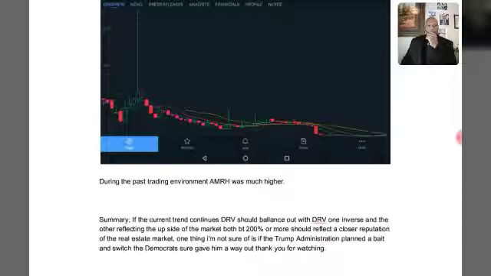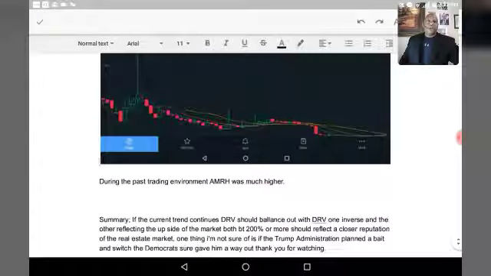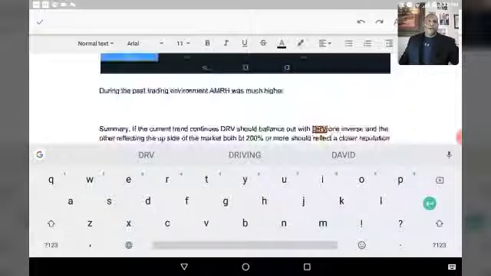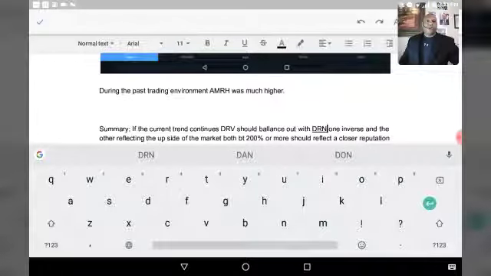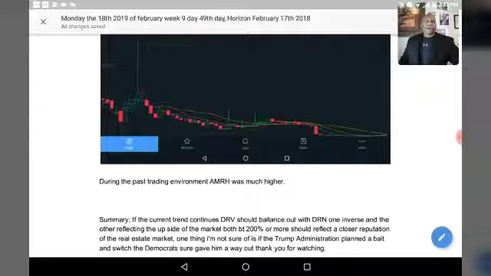To summarize, if the current trend continues, DRV should balance out with DRN. This is supposed to be DRN, and let me go ahead and correct it. I always have some corrections to do live, right? One inverse and the other reflecting the upside of the market, both at 200 to 300% or more.